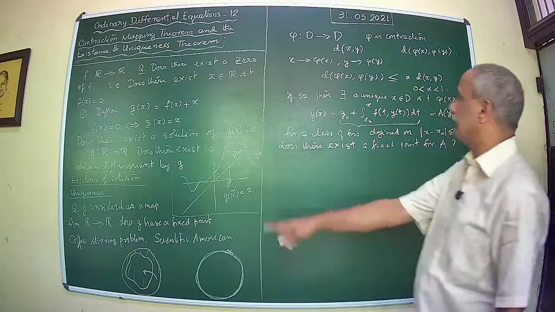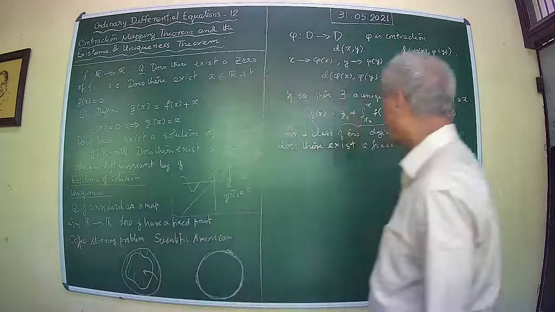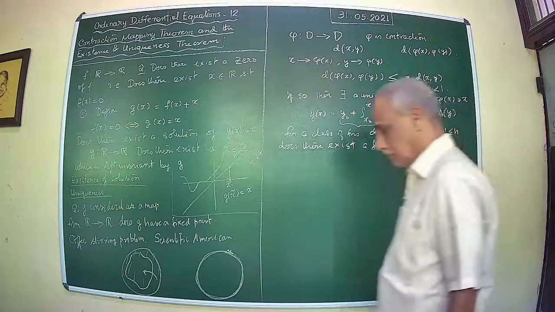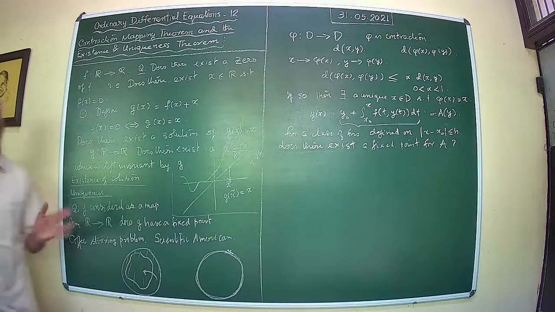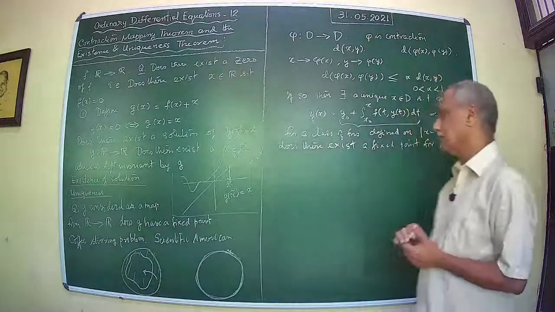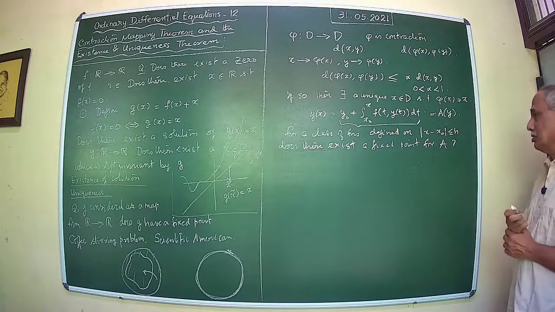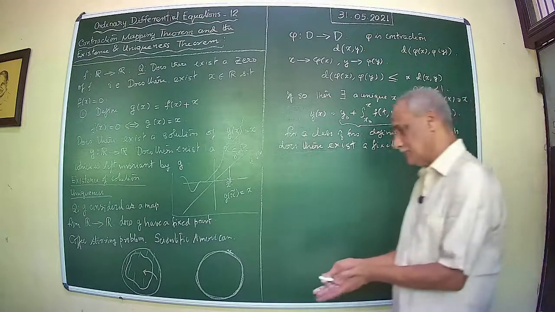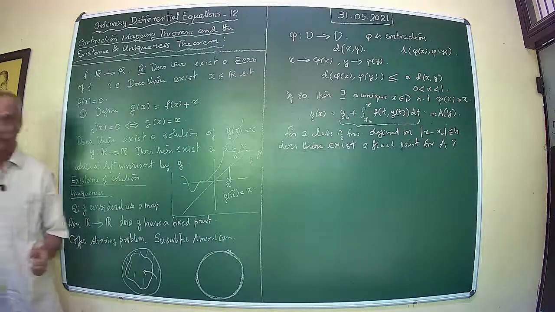Now once you prove this general theorem, that when A is a contraction on a space with certain restrictions, then you have a unique fixed point, the problem gets into that. So we have to set up the right kind of space in which this becomes a map, and this map is a contraction.